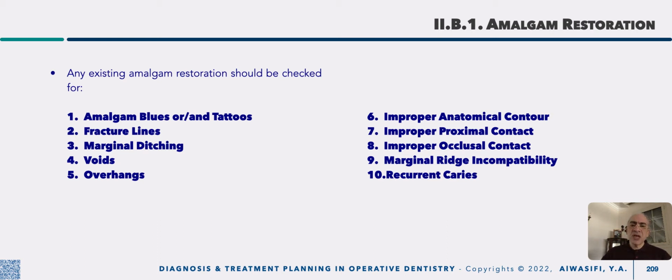Although we have a limited working time, you still have enough time to condense the material under force while it is in its plastic phase, taking the shape of the cavity with maximum adaptation to cavity walls and margins. Also, if amalgam is properly manipulated, then you will have a slight microscopic setting expansion that will increase its adaptation.